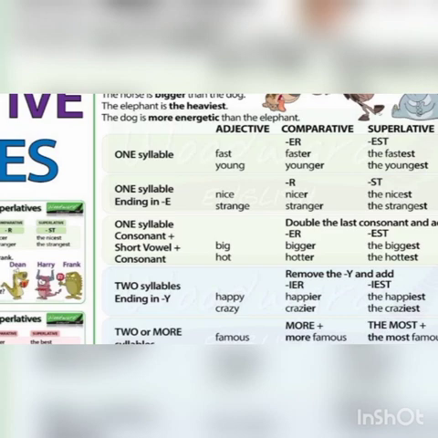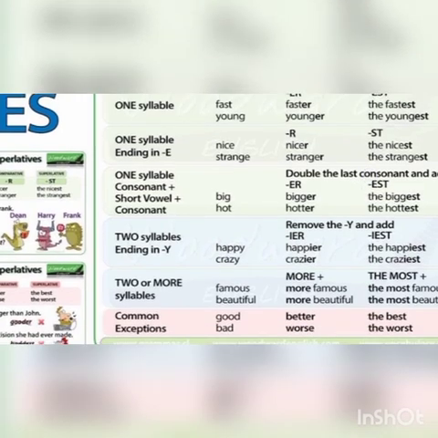Two syllables, like for example, two syllables with those adjectives that end in y, happy, happier, and the happiest. Crazy, crazier, we have to delete the y, and we have to add the I, happier, crazy, crazier.